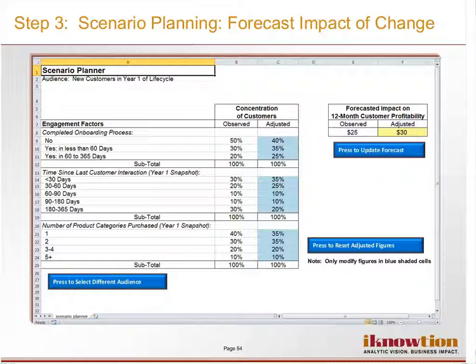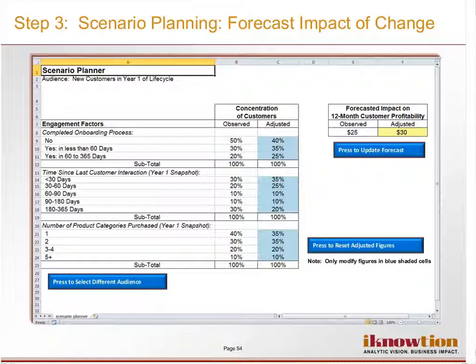In this example, the scenario planner allows the user to change the distribution of customers across several different engagement dimensions, and then to quickly estimate the effect on business performance, which again, in this case, is annualized customer profitability. So once you've changed the currently observed rates of engagement to the new adjusted rates, which are shaded in blue here, you can see the estimated impact on customer profitability, which is shaded in yellow in the top right-hand corner.